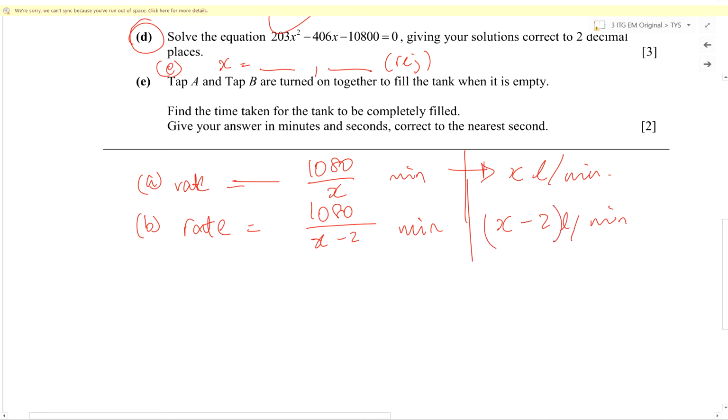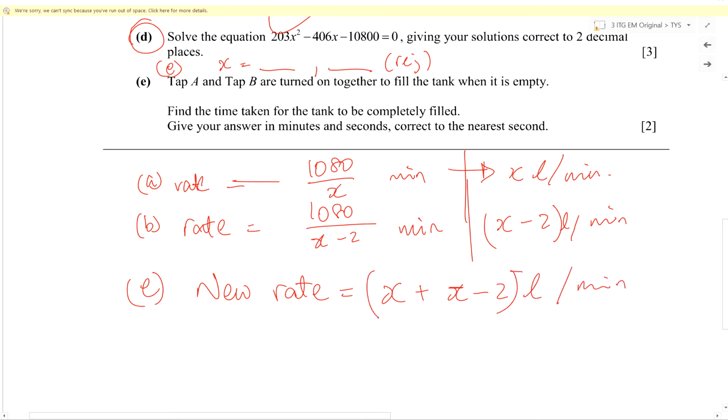So the new rate equals, you turn on 2 at the same time, x plus x minus 2 liters per minute. Okay? Now with this, they want the time taken to fill it up. So time is going to be 1080 divided by 2x minus 2.